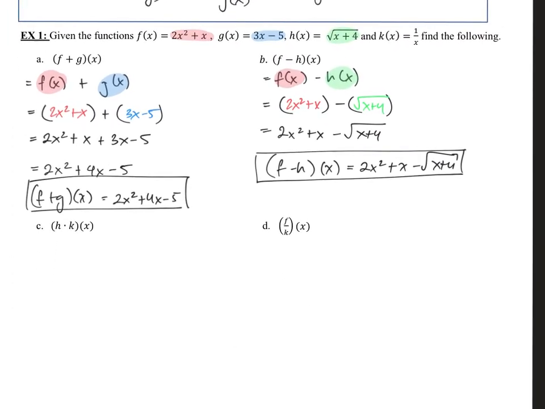Now let's take a look at the next one, C, h times k of x. So h times k of x can be rewritten as h of x times k of x. We have a new value, k of x, right there, it's the fraction. And then we have h of x, which was our green. Now let's go ahead and input them to the equation.